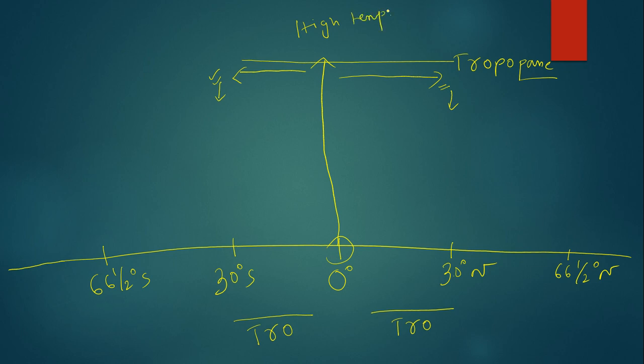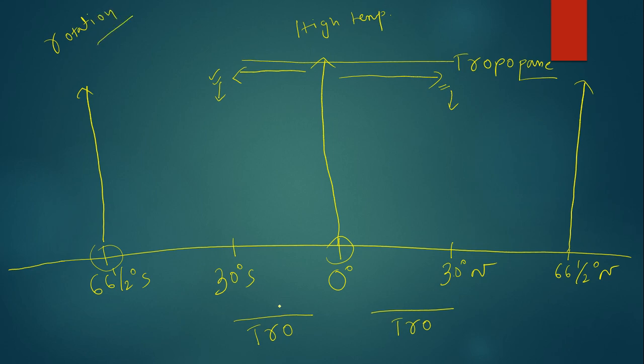From 66 and a half degree south and north also, the air is moving in the upward direction. But from this place, why is the air moving upward? Because of the rotation of the earth.